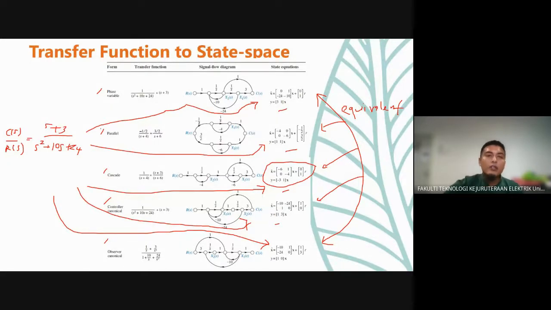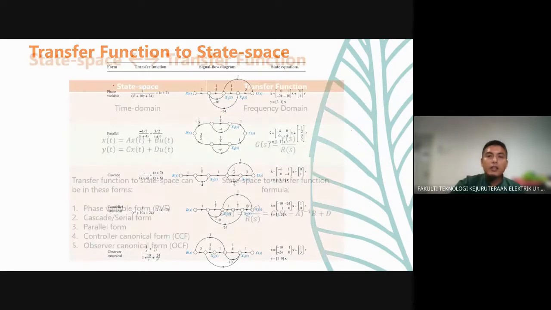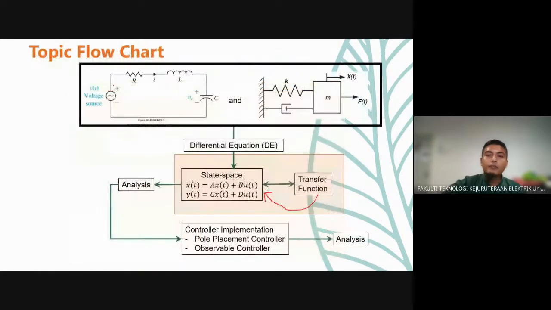So that's why you need to know how to convert to phase variable, parallel, cascade, controller canonical form, and observer canonical form. Every one of these has its use. For example, for the phase variable form, as I mentioned before, for controller implementation you will learn two types of controllers only. First is pole placement and second is observable controller.